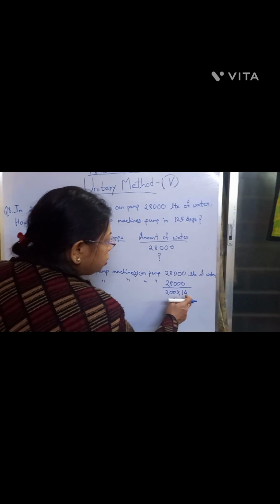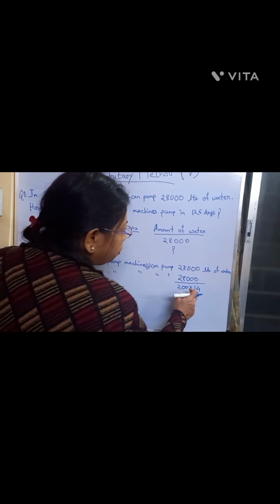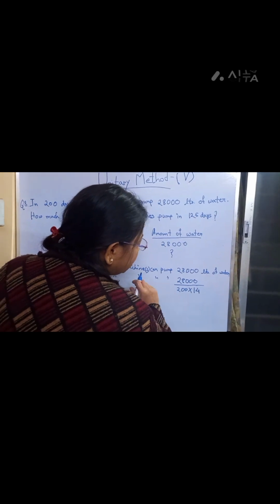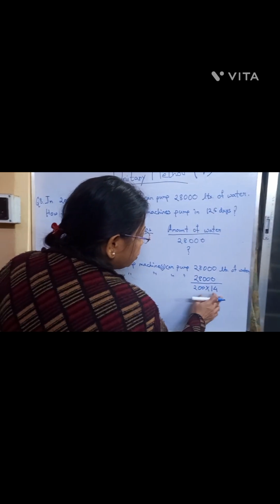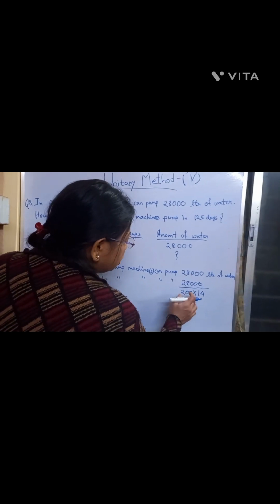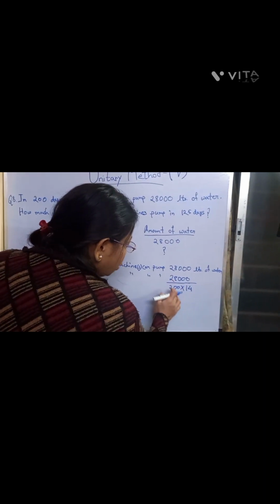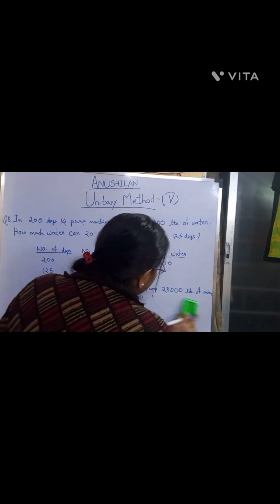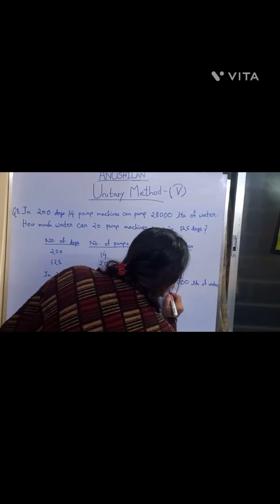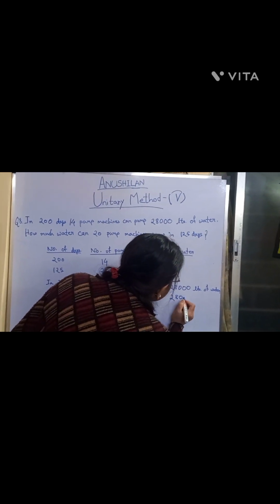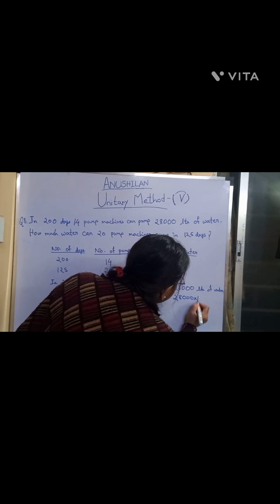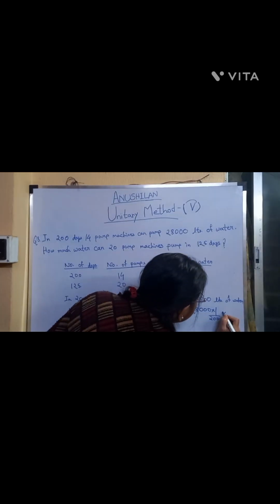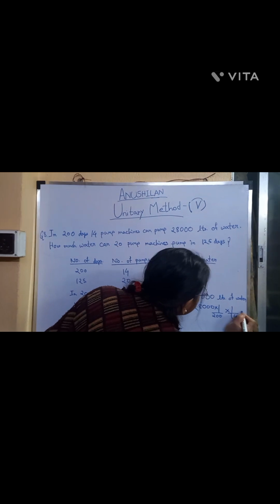So for the two divisions simultaneously, I will make a multiplication and write it down as a denominator here. Both are in a division process. If you don't get it, I will write it like 200 into 1 by 14.